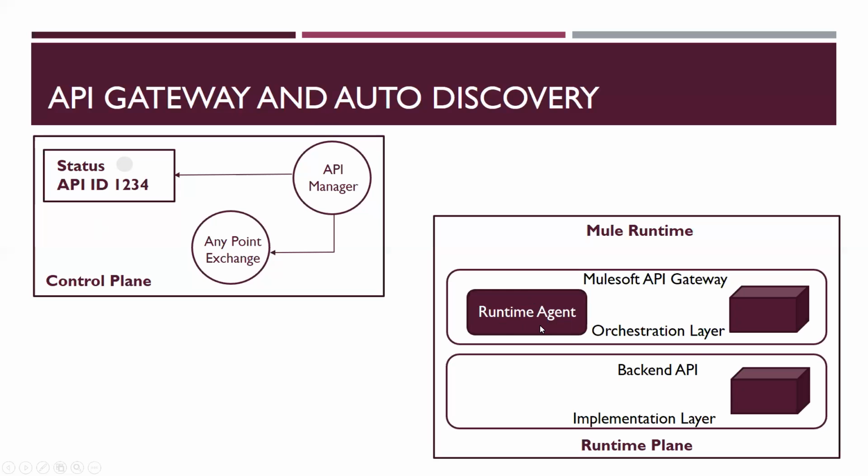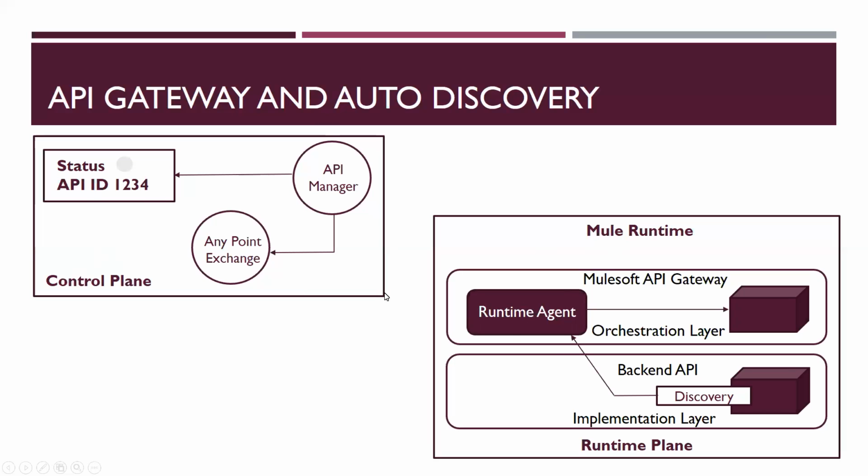Every 5 or 6 minutes, it pings the worker and checks the health. If it does not get a response, it will automatically tell the control plane that the worker is not responding and to restart the server. There are multiple tasks for the runtime agent, but that's a different topic. Here, the runtime agent is responsible for communication between the Mule runtime and the control plane.